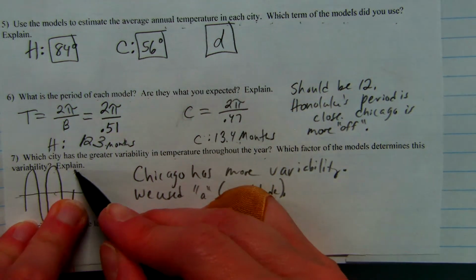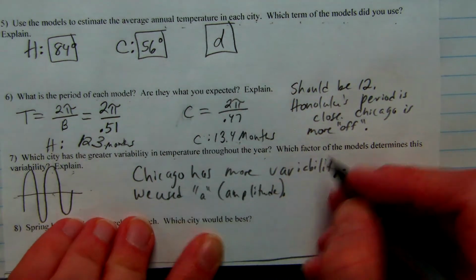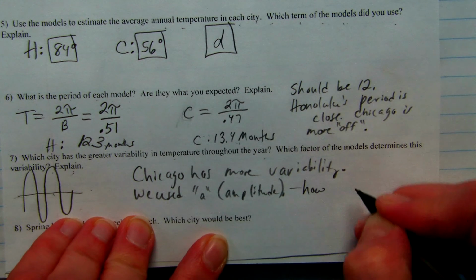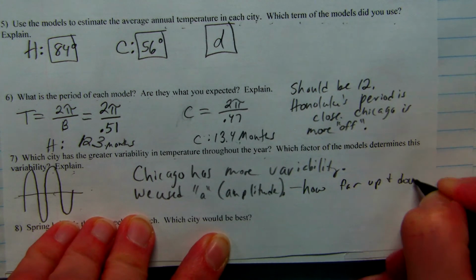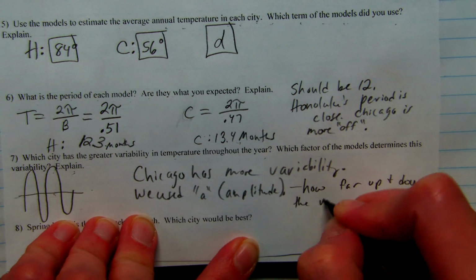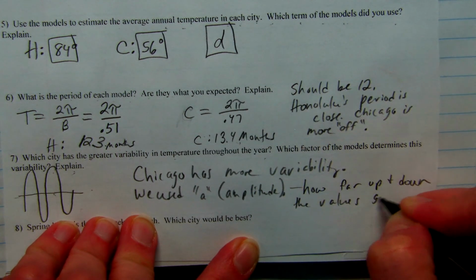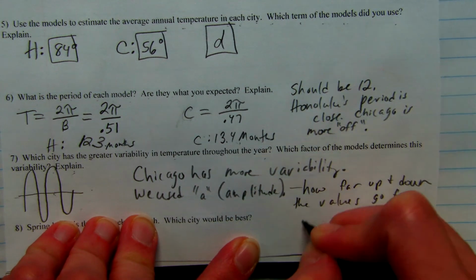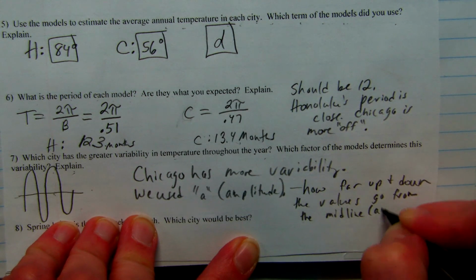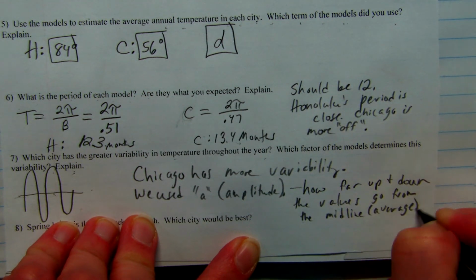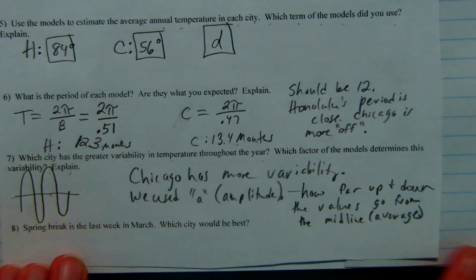And basically to explain, the amplitude would tell you how far up and down the values go from the midline, which would be where your average is. Sorry, my handwriting is getting a little bad at the end of the day.